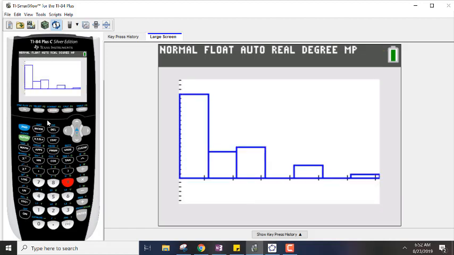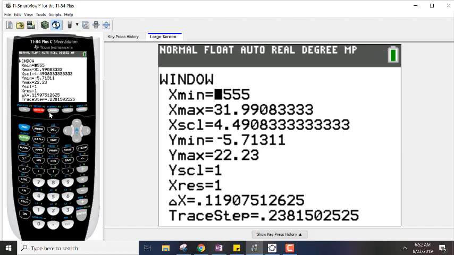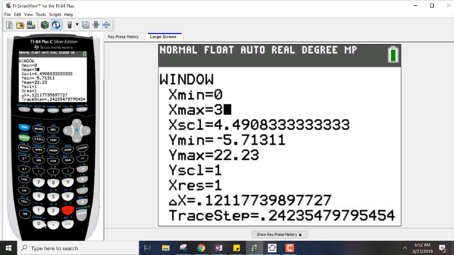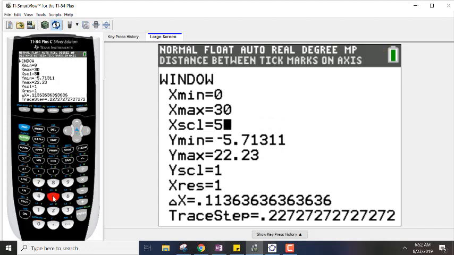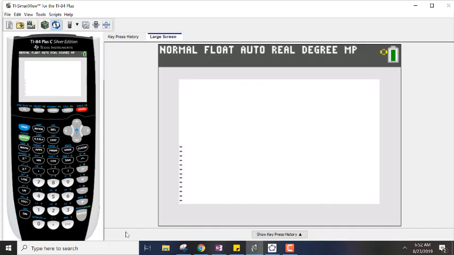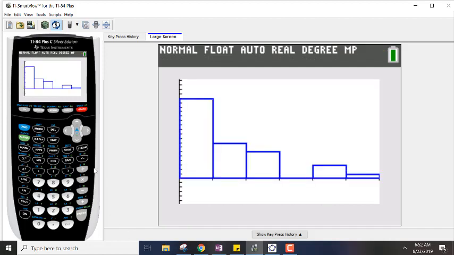Still kind of iffy on reading, so let's go to the window. There's no y-axis, so it doesn't matter. Let our x-min be 0, max be 30. The highest value is 27.5, so it's in there somewhere. And let's make this a little bit nicer and go by 5s. That looks a lot better.